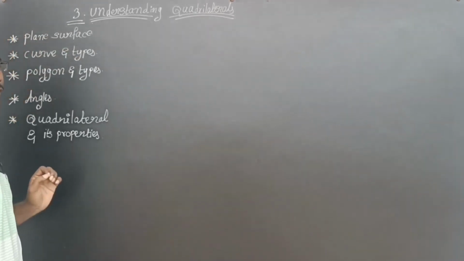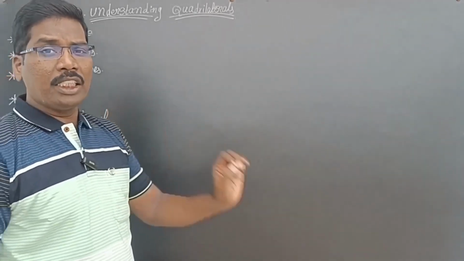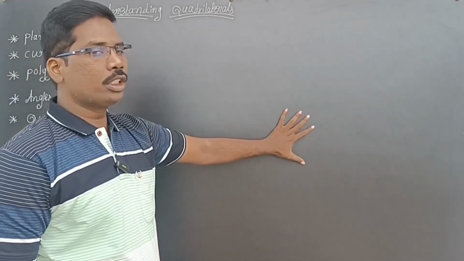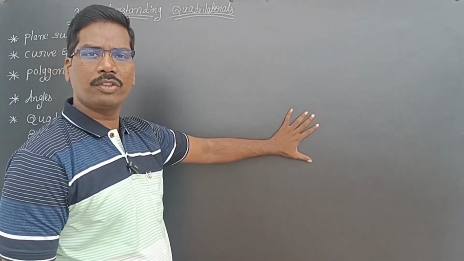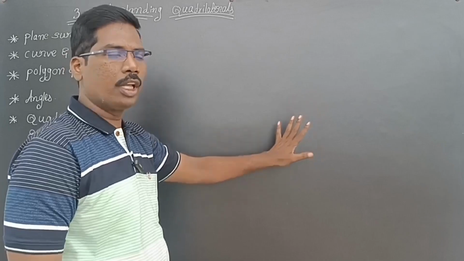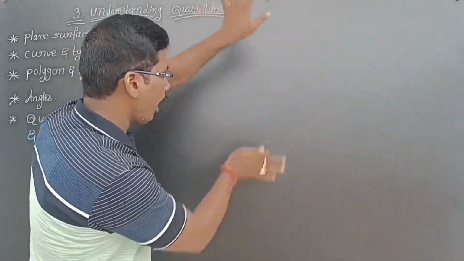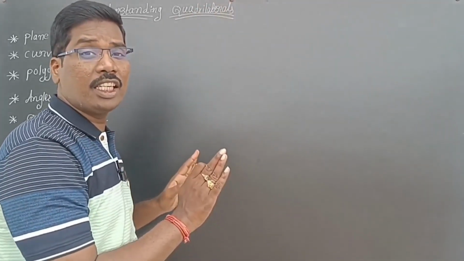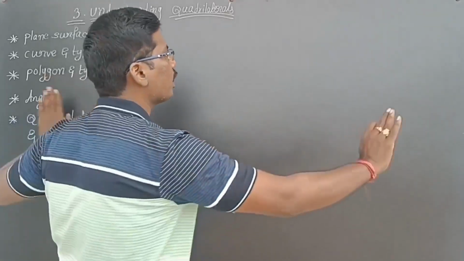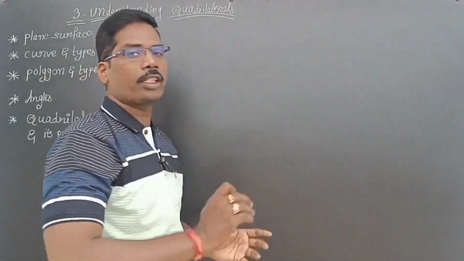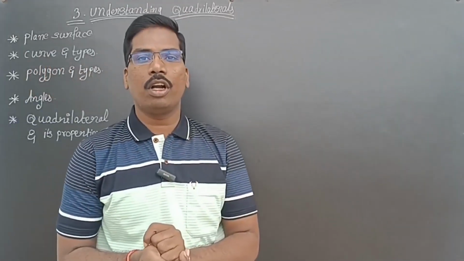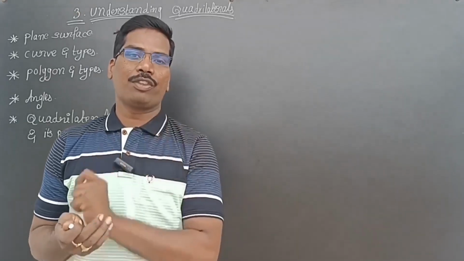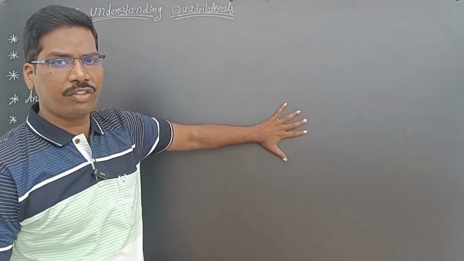Now first, plane surface. Plane surface means what? This board is a plane surface. How can we say? A flat surface which is extending in all directions is called a plane, or plane surface.